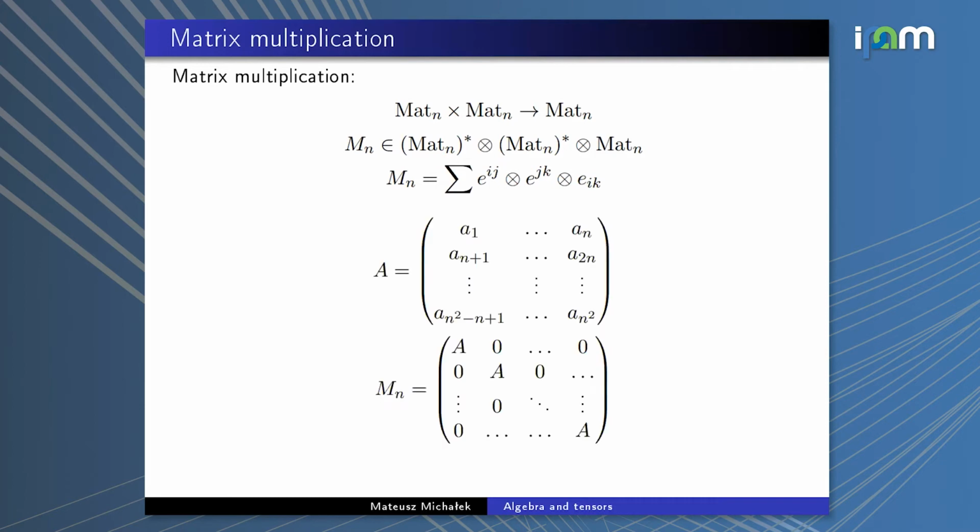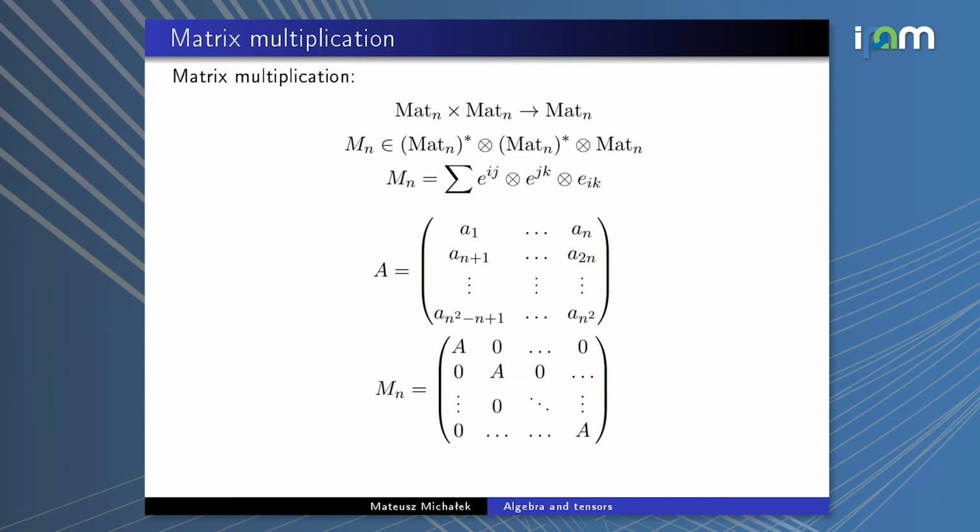Okay, so I would also like to present matrix multiplication as a space of matrices. Well, it has to be a space of n square by n square matrices, because our vector space has dimension n square, and I will do it as follows. First, take an n by n matrix just filled with arbitrary entries.